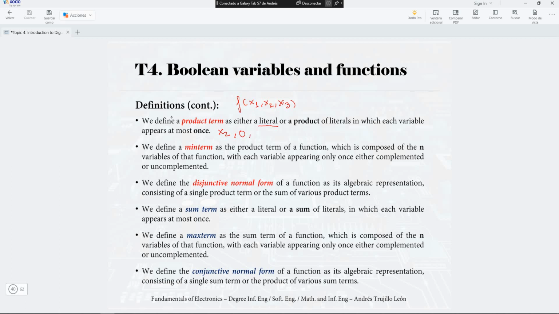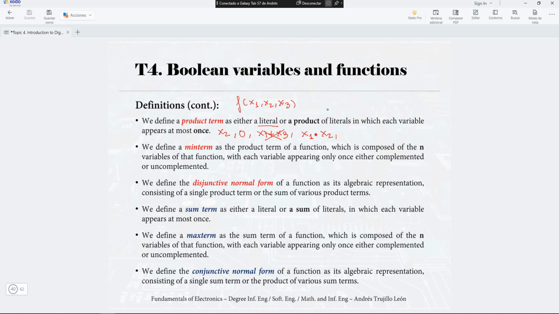Is, for example, x1 plus x3 a product term? No, because it's not a literal and it's not a product. It's a sum. So this is not a product term. And this is a product term.